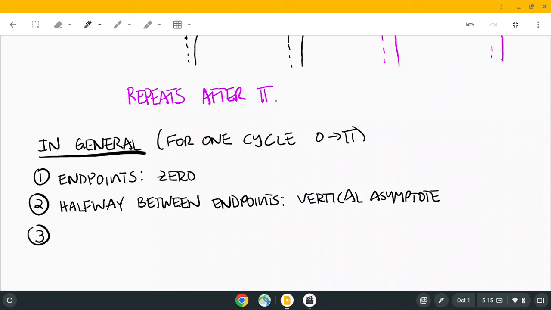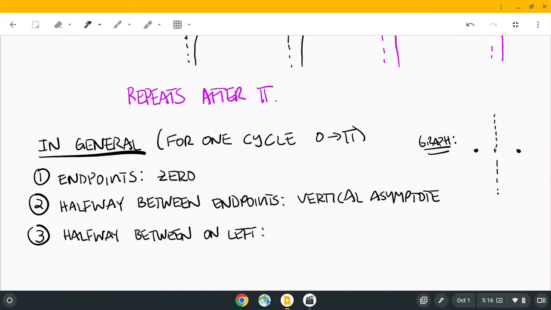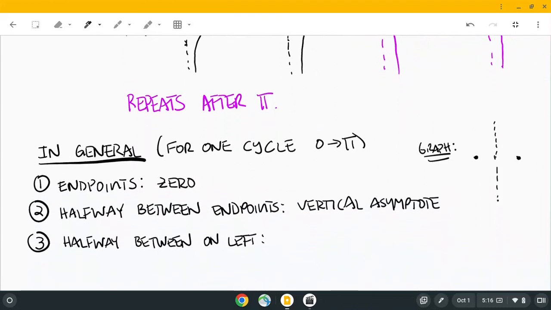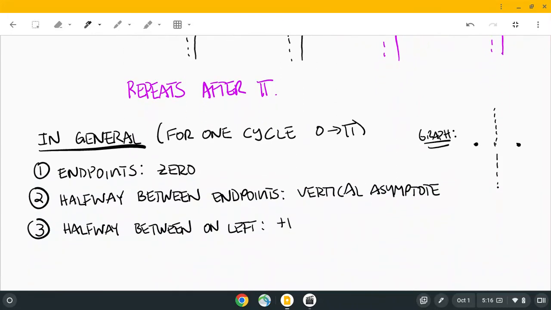So I'm just going to draw it over here. We have the graph where on the endpoints we have 0, and halfway between the endpoints, we have a vertical asymptote. Halfway between on the left, we have +1.